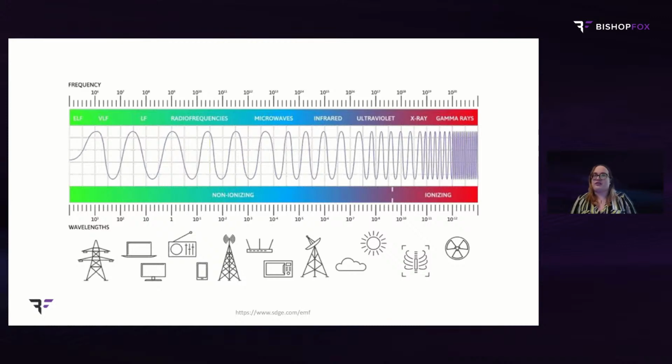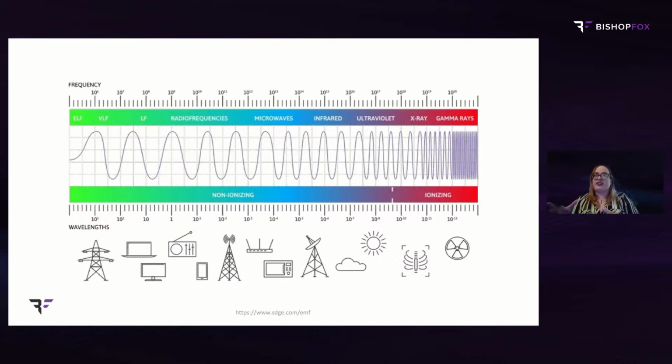So what is a radio frequency? Well, you can see here on the chart, there are these waves that go up and down. Those are our waves in RF, and the distance between them is known as a wavelength. The wavelength is inversely proportional to the frequency. So the higher the frequency, the shorter the wavelength. In examples here, we do have some ionizing radiation. That would be like X-rays, for example.